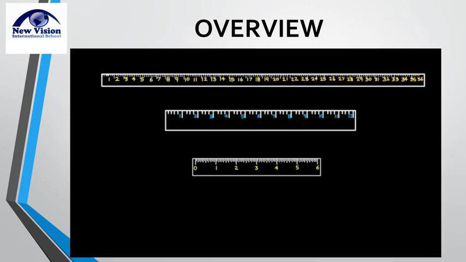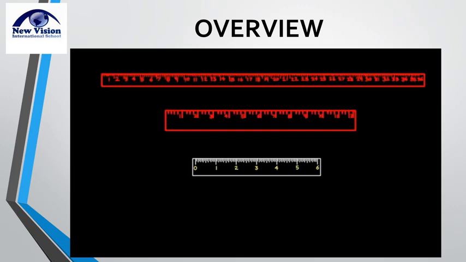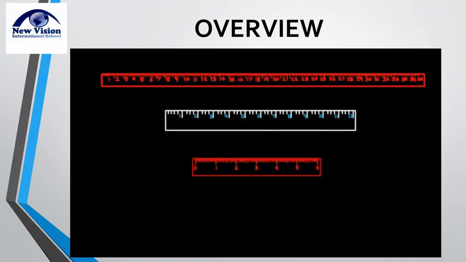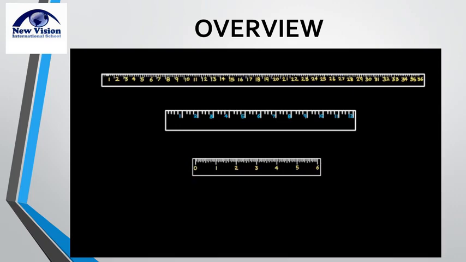For example, maybe you are given information in yards and feet, or inches and feet, or inches and yards. When that happens, you may have to convert units so you are working with only one unit of length. When you do this, you have to find equivalent measurements. Let's look at a problem together.